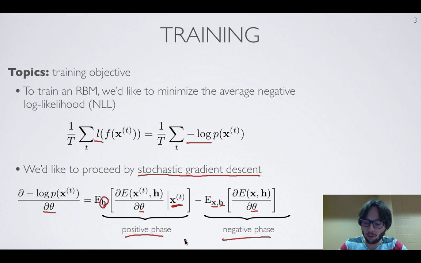But now the problem is that this part here is actually hard to compute. It's generally intractable, and the reason is that we have to make an exponential sum over both h and x. And so perhaps you'll be convinced that if I give you a value of the visible layer, so if I give you an observation x, then summing over h is actually something that's tractable to do for this partial derivative, in particular for the RBM.